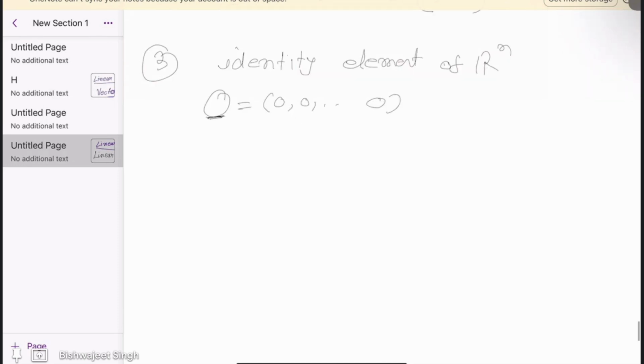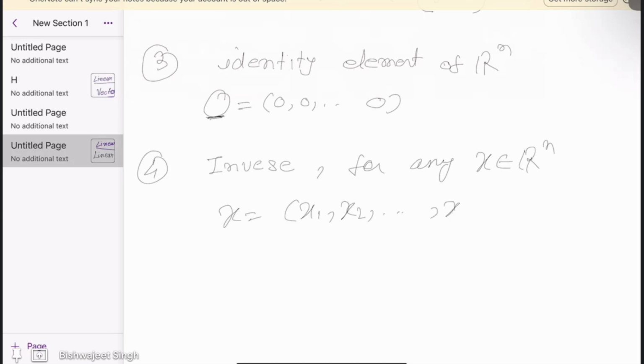Okay, then inverse. So for any x belongs to Rn, x is x1, x2 up to xn. So what is the inverse? The inverse is, let's say, y, and this y I can take as minus x1, minus x2 and minus xn.